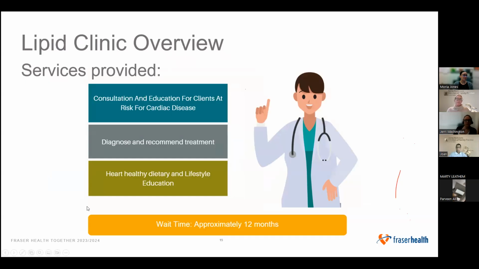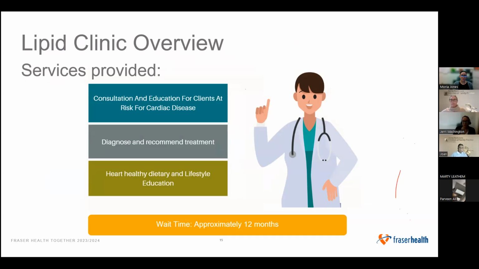Okay, so we'll move on to the lipid clinic. We are a specialty clinic for patients with high cholesterol who usually are not tolerating standard medication therapy or are high risk for heart disease, or they likely have a genetic predisposition.